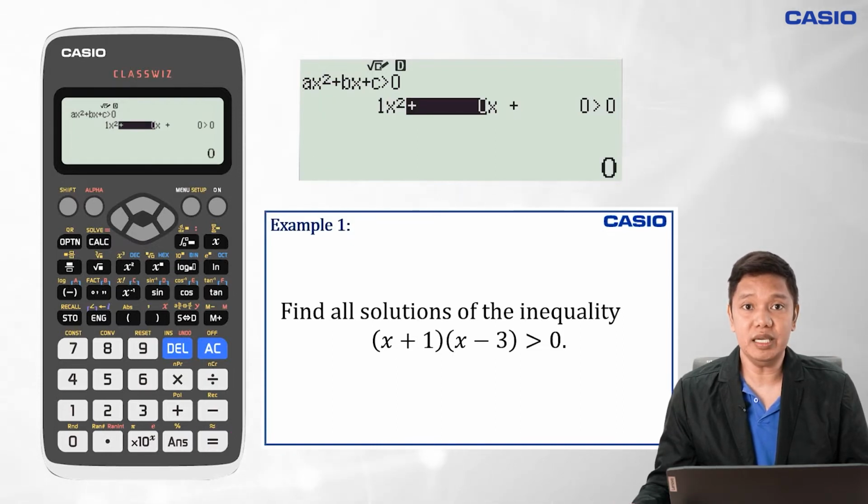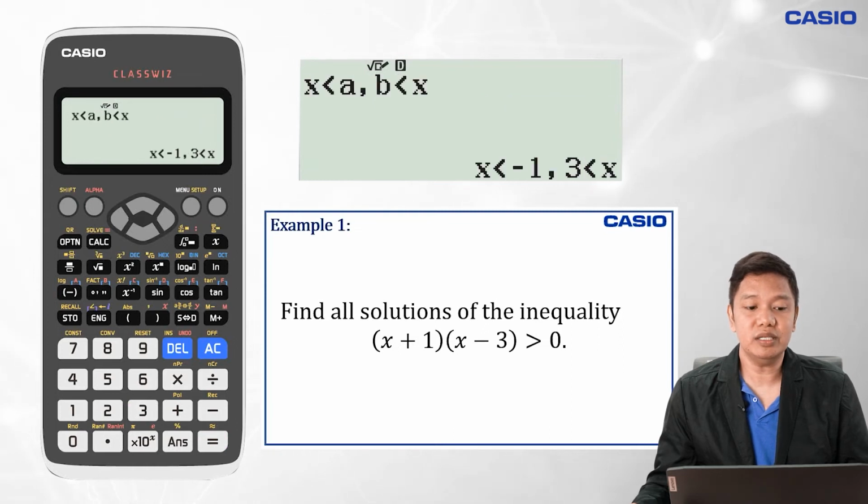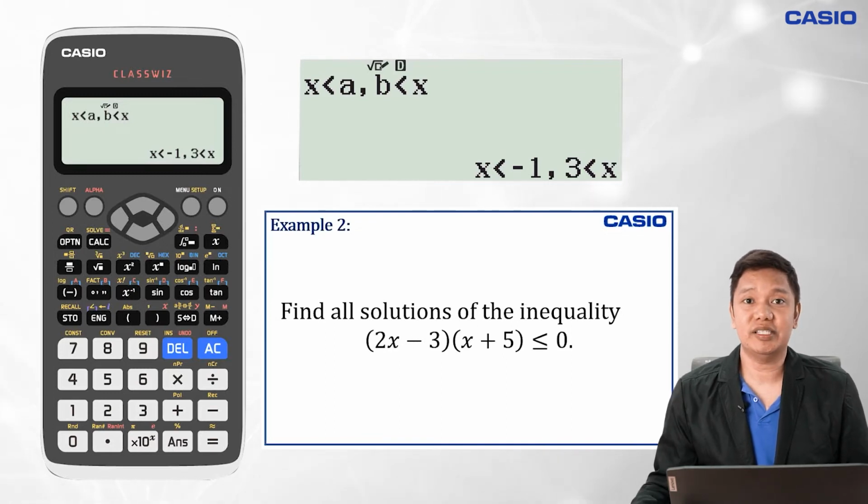And then our b is negative 2, so press negative 2. Then equals. And then our c is negative 3, so press negative 3, and then equals. And then pressing equals again, we have the solution set x is less than negative 1 union x is greater than 3. Let us have our second example.